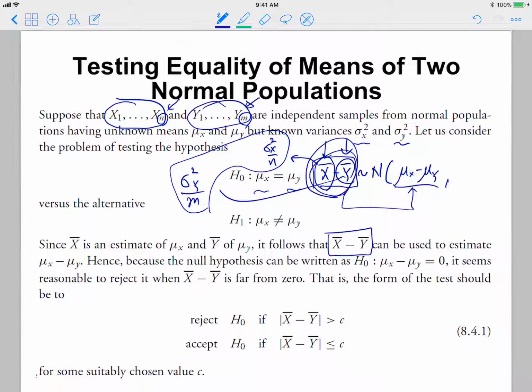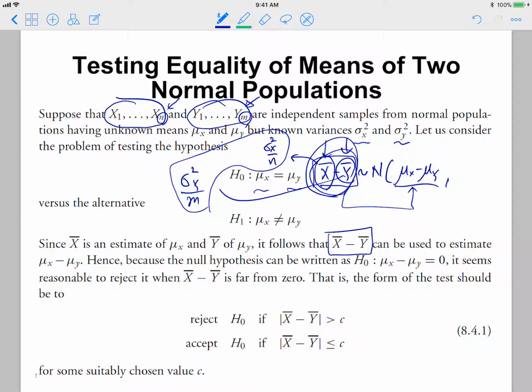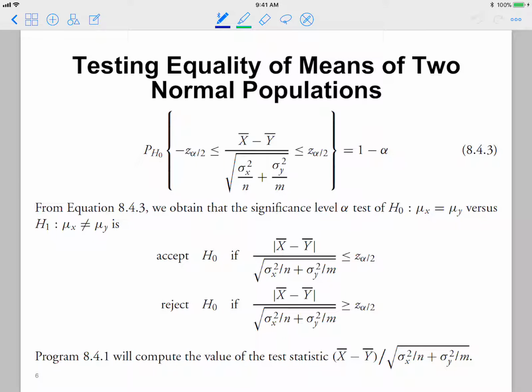Yep. And then we assume that each of these populations is normal, and thus x bar and y bar are also normal, and their subtraction will also be normal. So we basically compute this statistic.